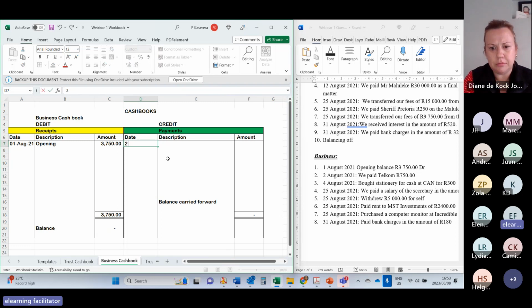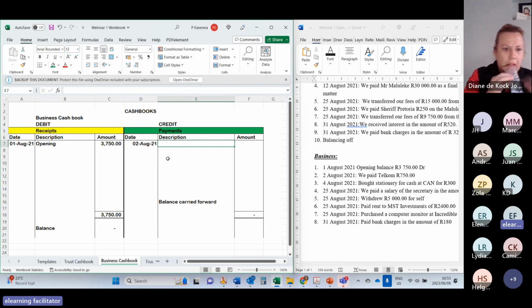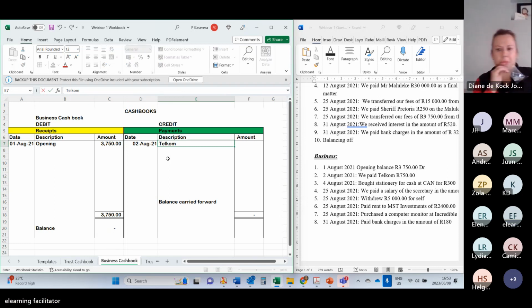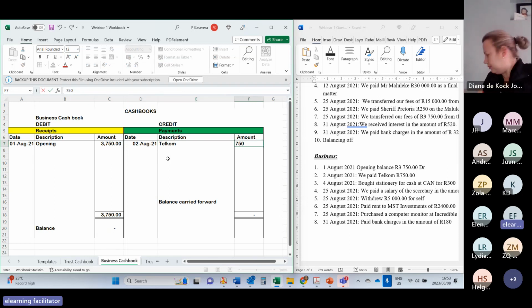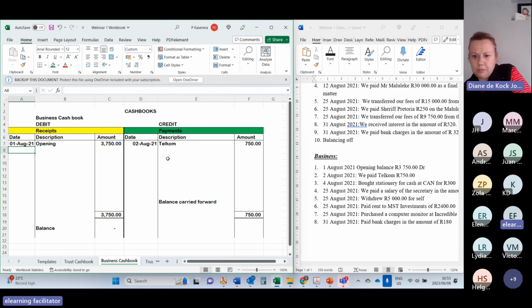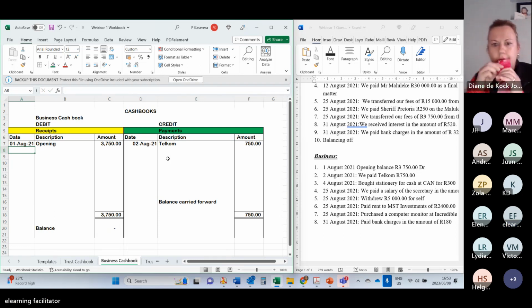Okay, let's proceed. Our second transaction on 2 August, we are paying Telkom. And how much are we paying? 750. So it's a matter of just posting payments on the payment side, receipts on the receipt side. 4 August, we buy stationery.